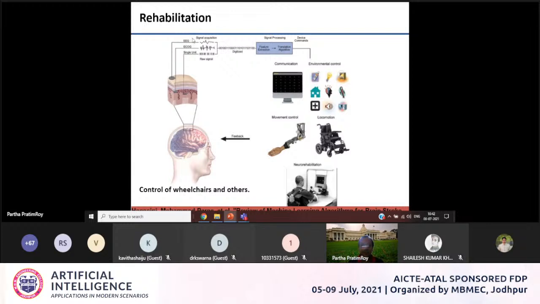Then I also discussed rehabilitation. Rehabilitation is also one of the very strong research areas going on, where people are analyzing EEG signals or some other head cap device, recording these EEG signals, and from that controlling the environment.